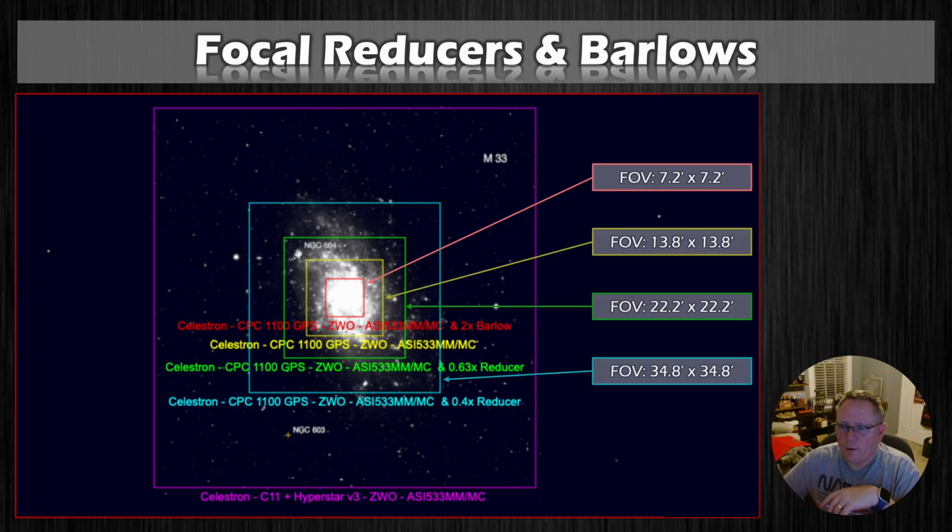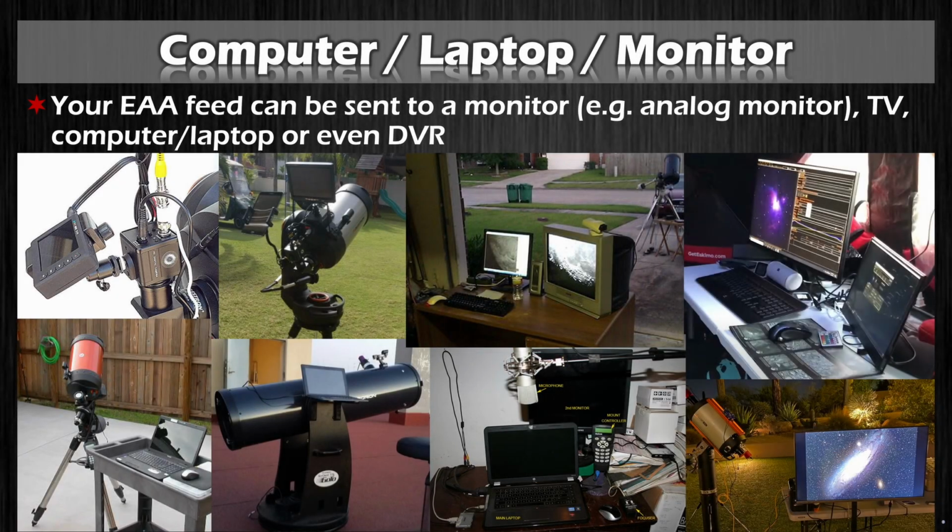And then if I am using a reducer that does 0.4, now I'm a bit more than half a degree, or in this case, just shy of 35 minutes by 35 minutes. And then if I'm using my HyperStar, I'm actually at a little over a degree field of view at 1 degree and 9.6 minutes.